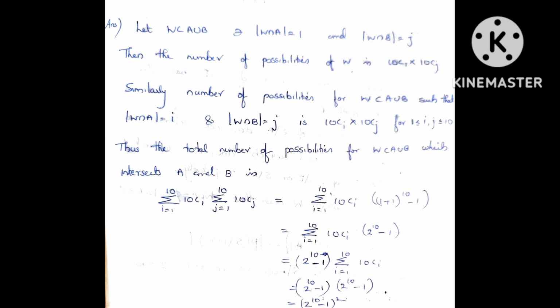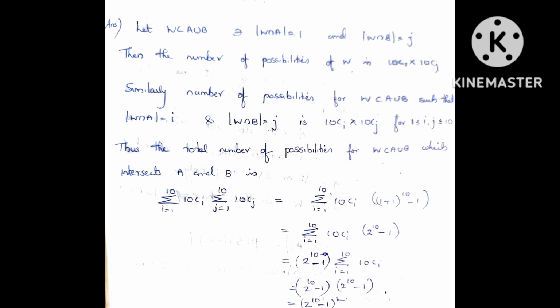Similarly, the number of possibilities such that |W intersection A| is equal to I and |W intersection B| is equal to J is 10CI into 10CJ, for 1 less than or equal to I, J less than or equal to 10.